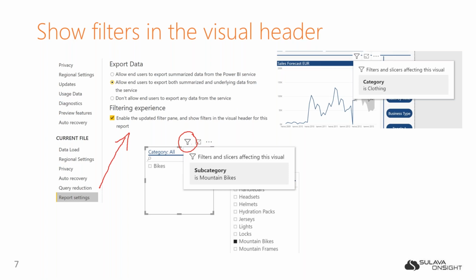And when they move their mouse on top of that icon, it will show them what filters and what slicers affect that visual at the time. This is something that we have been waiting for 3 years, and now it's available, but it's not a default option for the old reports. So you should open all your files and go to options and report settings and then enable this feature to show what kind of filters you have there. Great new feature available.